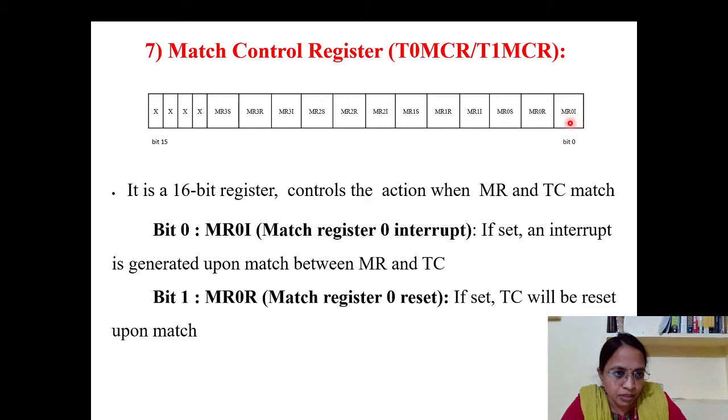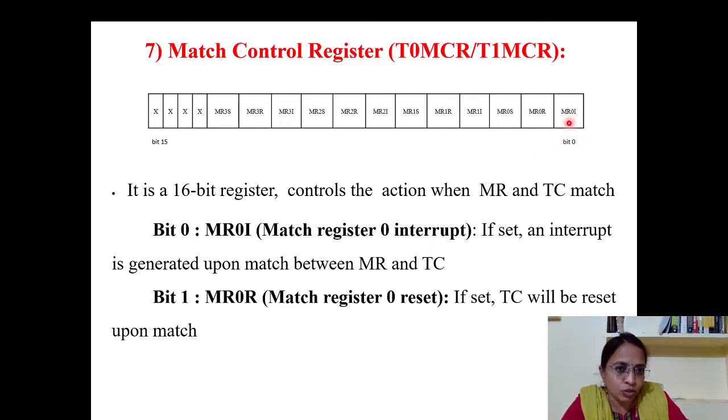So for match register 0, I stands for interrupt, R stands for reset, and S stands for stop. These same bits are also present for match register 1, match register 2, and match register 3. Okay, so their functions are the same.